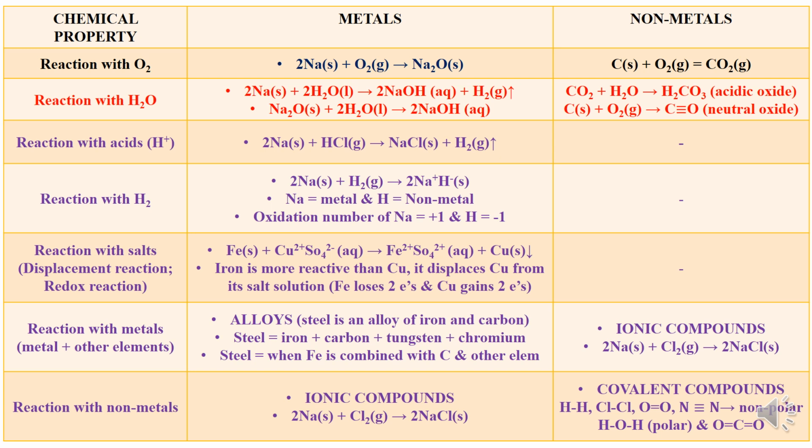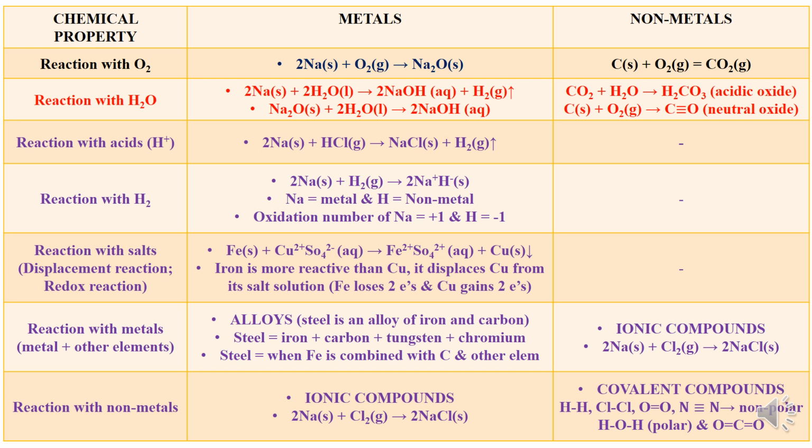So steel can be formed when iron is combined with carbon, and steel can also be prepared by combining iron with not only carbon but also with other elements like tungsten and chromium. So what is the difference between these 3 different possibilities? Steel is formed when you combine iron with carbon.